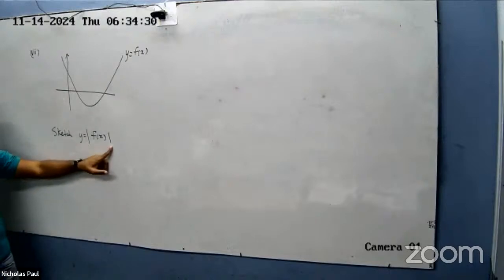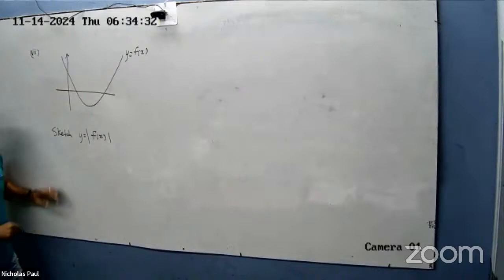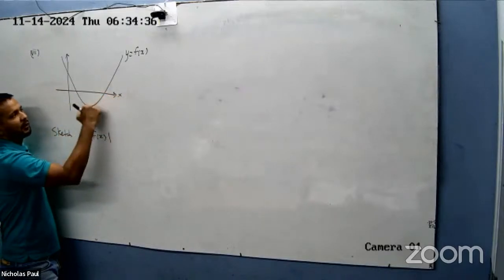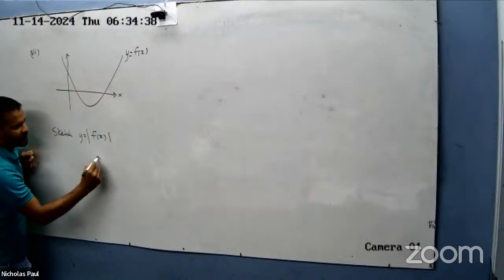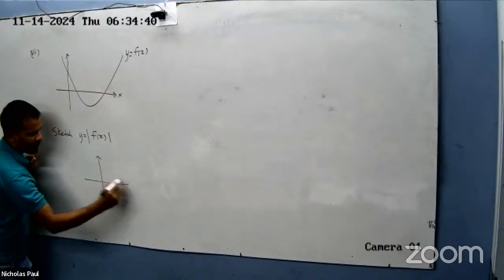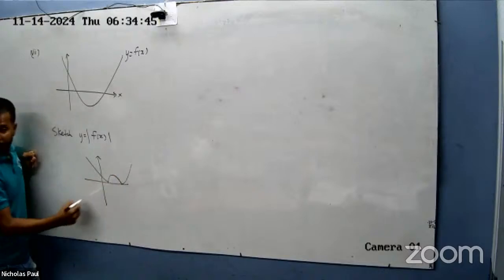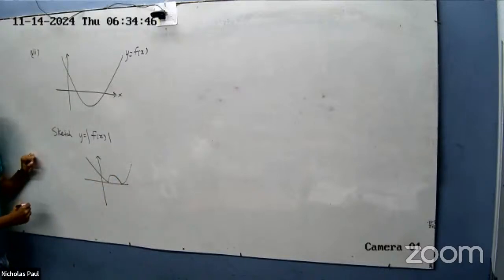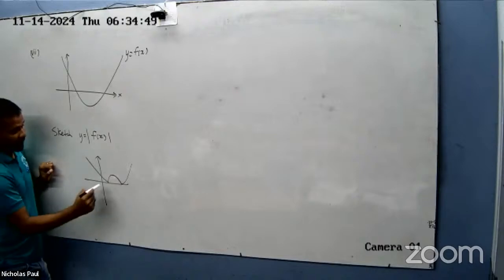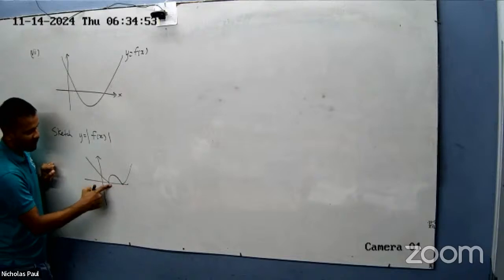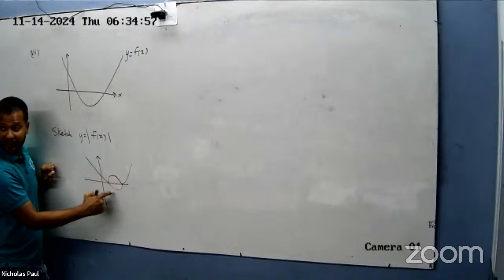If you have a modulus, reflect anything below the x-axis above. Okay, so it looks like that, right? That's okay. And that was the original thing there.